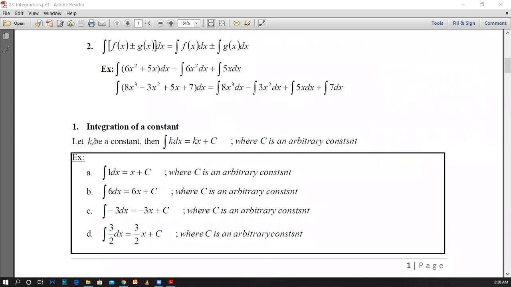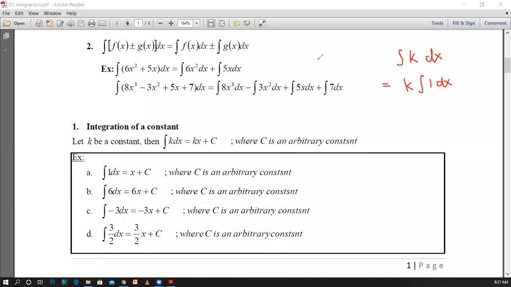Now we will consider k to be a constant, and if you need to take the integral of k with respect to x, we have the function k dx. Since k is a constant, I am taking it out of the integral, and what I am left with is 1 dx.